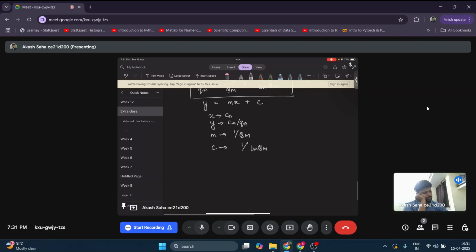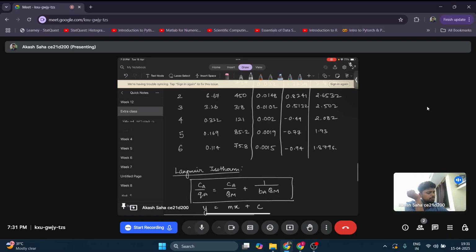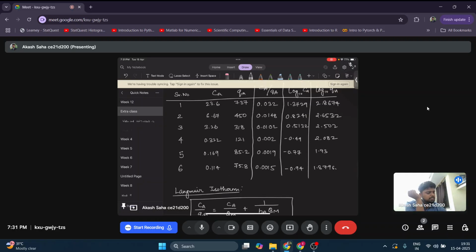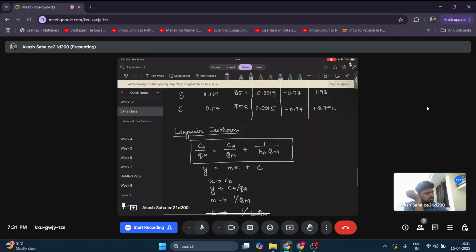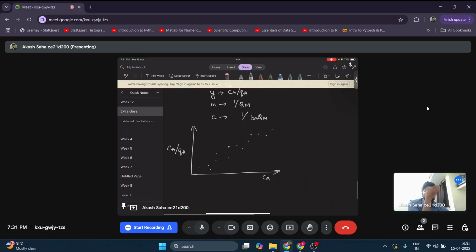Seeing this equation, we have to plot a graph between Ca on the x-axis and Ca by Qa on the y-axis. If you solve it, you will get some dots like this, with all this information, maybe more than 6 or 7 points.